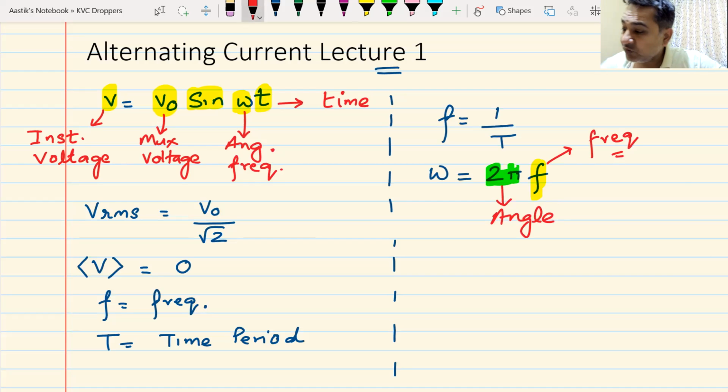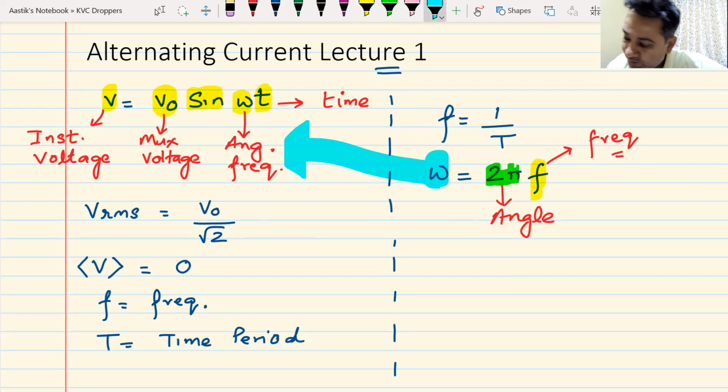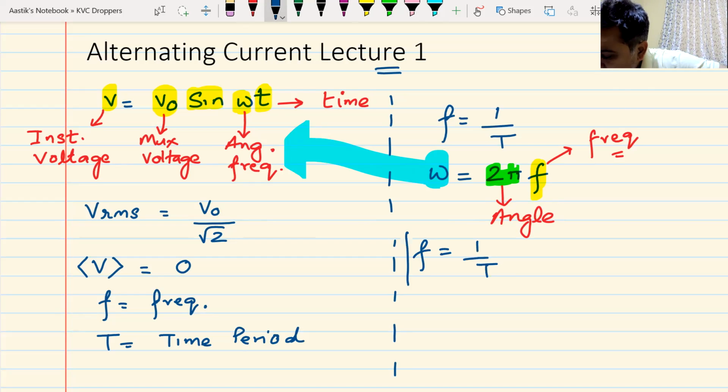Yes, sir. And hence you can call this omega angular frequency. They don't call it angle frequency. We call it angular frequency. Do we understand this? So you can write the relation like this. f is equal to 1 by T. That is one relation.